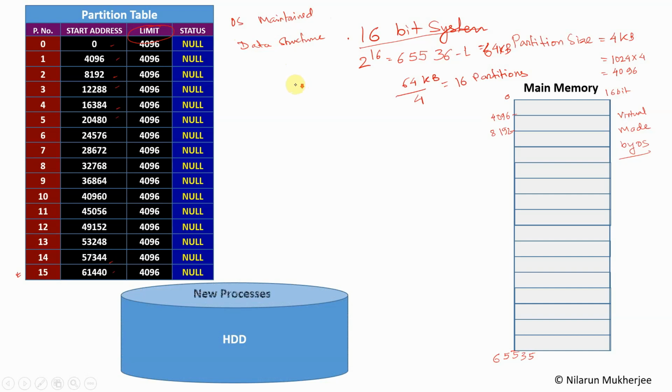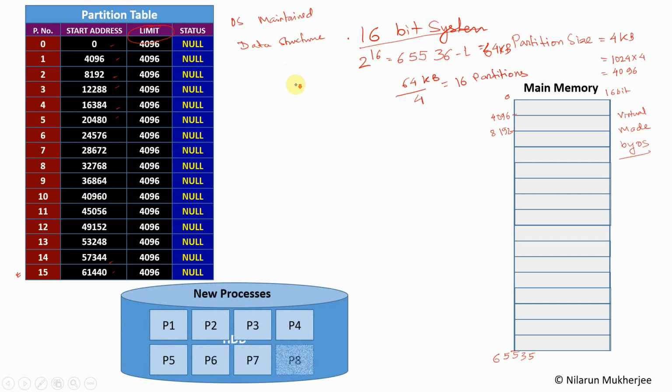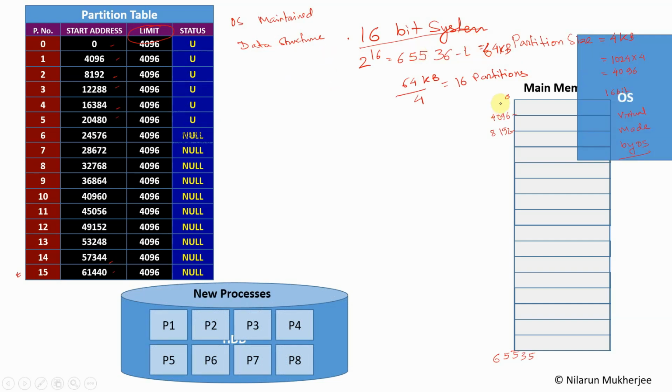Now when new processes come, suppose P1, P2, P3, P4 are being submitted, they are new processes. Suppose the OS takes up to here, partitions 0, 1, 2, 3, 4, 5, 6 and 7.